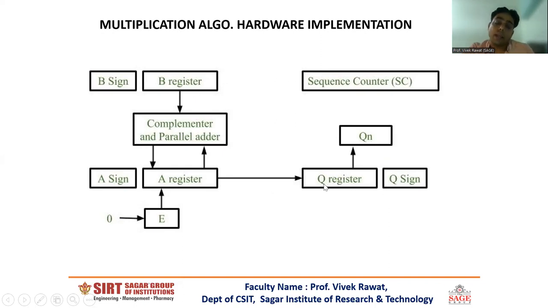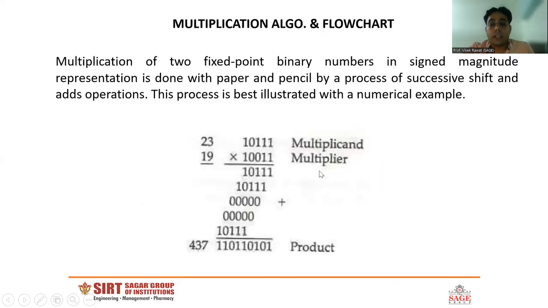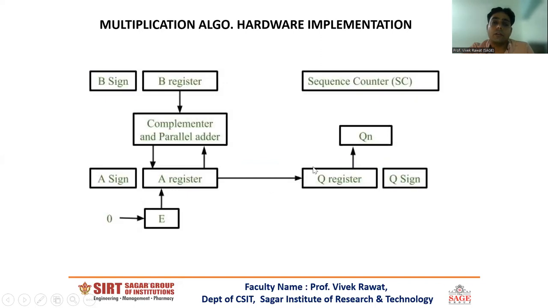It is decided by the ALU or control unit. 19 is the multiplier. Here we assign the registers: B register assigned for the multiplicand and Q register assigned for the multiplier.